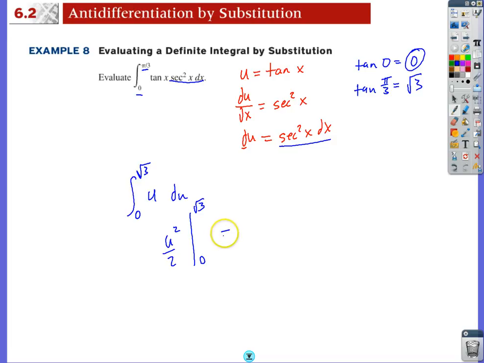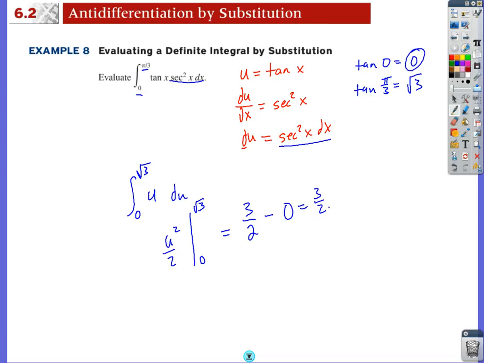And when I do this, this then will be equal to three halves minus 0, which is just equal to 3 halves.